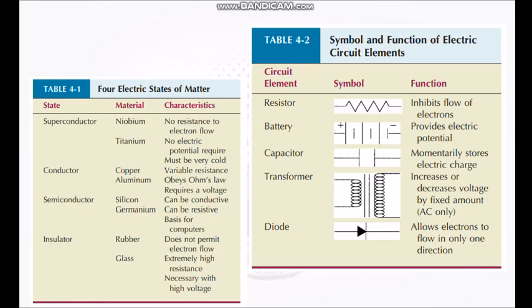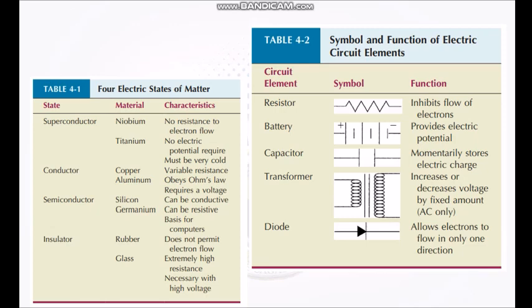The semiconductor is in between them. It can be a conductive material, and it can also be an insulating material. It could be constructed as a material that can be turned on and off on the basis of electricity.